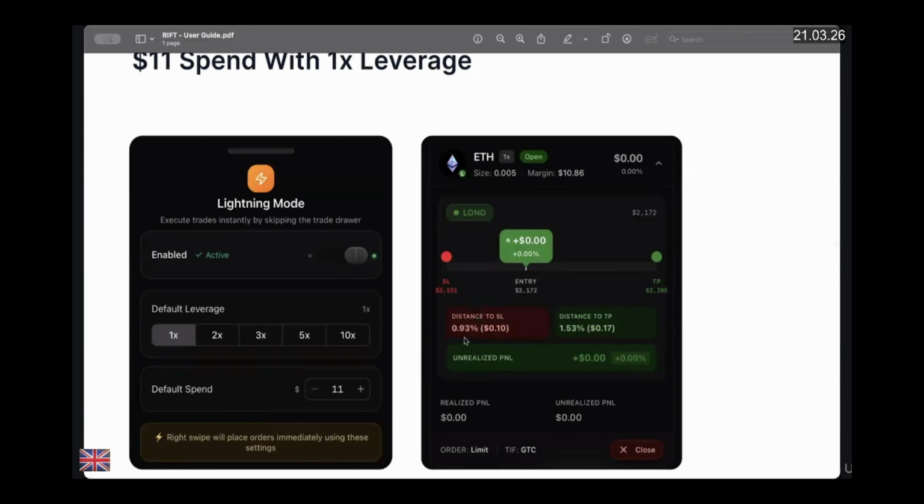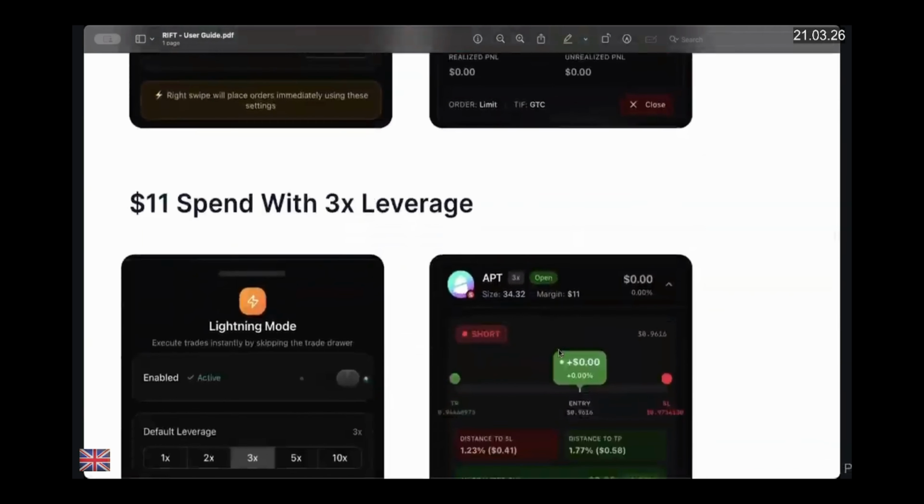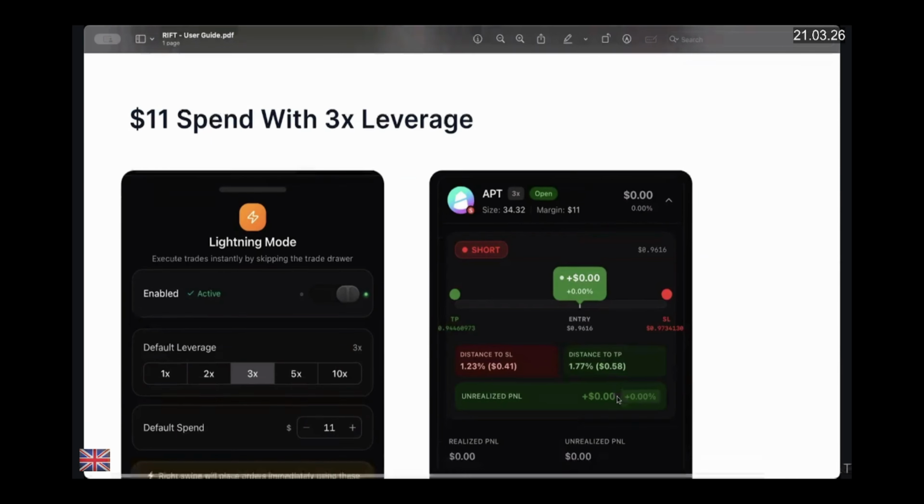It is 0.93% at stop loss and 1.53% at take profit, whereas with 3x leverage it becomes 1.23% distance to stop loss and 1.77%, that is bigger profit and bigger stop loss as well in the same way.